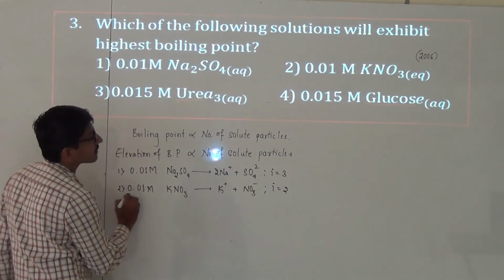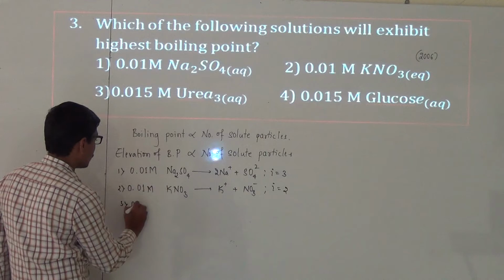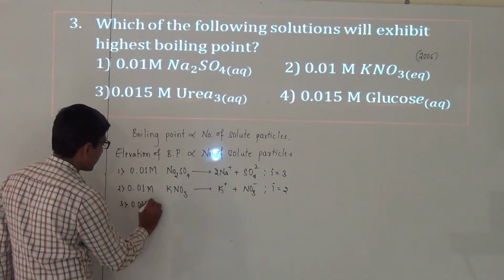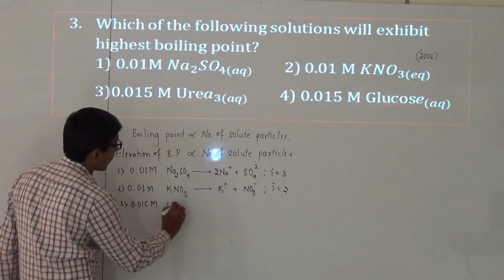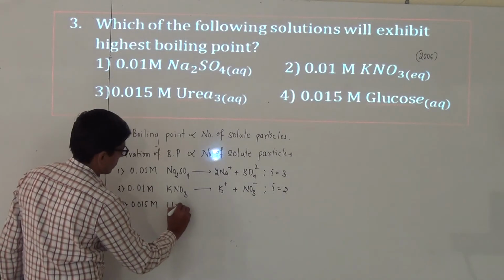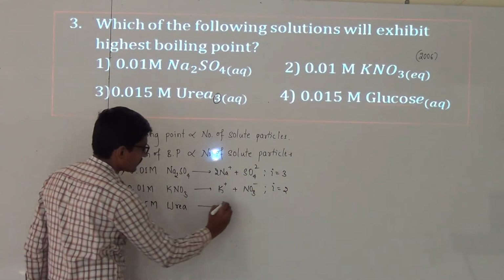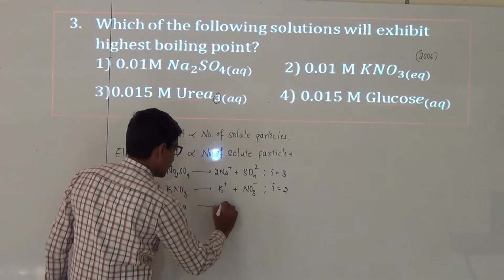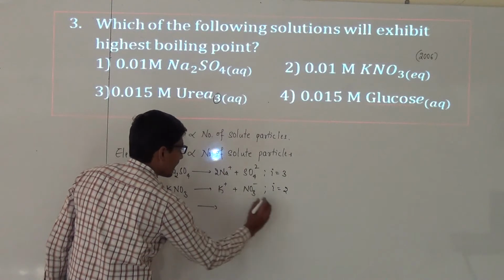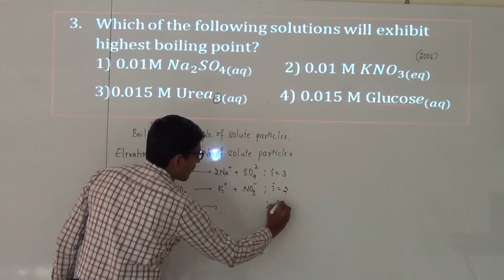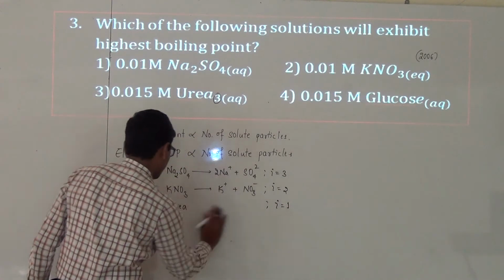Third one, 0.015 m urea. This is a non-electrolyte and the i value is 1.